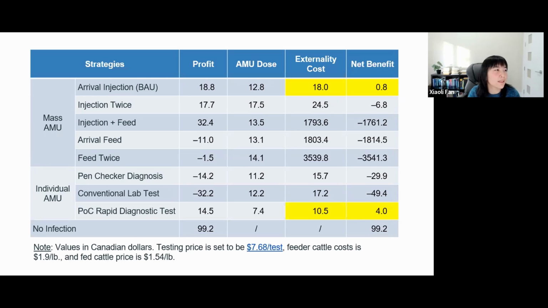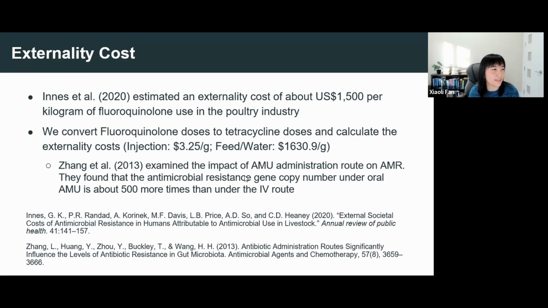Yeah, it's basically here I made an assumption. There haven't been too many studies on how much more likely it is to incubate antimicrobial resistance by feed versus by injection. In this one, they did an experiment in mice, and they found it's 500 times more likely.